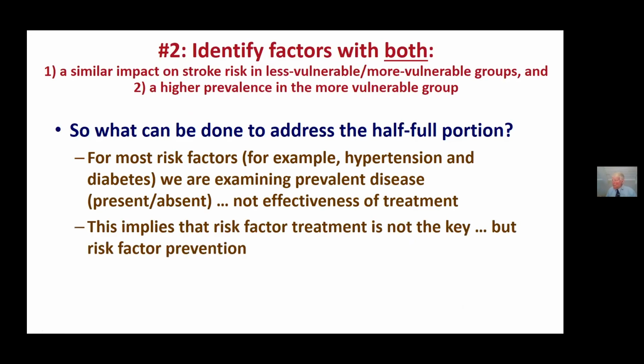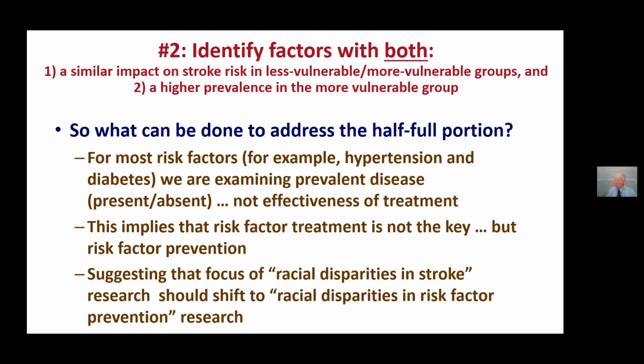And that implies that risk factor treatment is not the key, but risk factor prevention. We need to get out in the community and stop African Americans from developing hypertension and diabetes in the first place. And it suggests that we need to shift our focus, if we're going to attack this disparity, from racial disparities in stroke to racial disparities in stroke risk factor prevention.